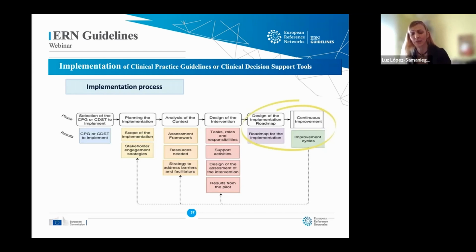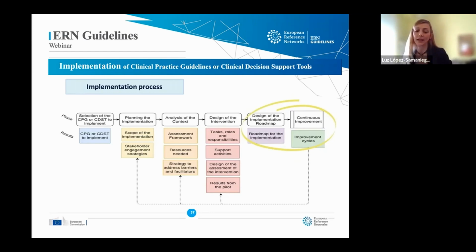The third result shall be the strategy to address barriers and facilitators. That is the identification of factors that could be barriers or facilitators. And once identified, it is important to analyze the strategies to tackle the existing barriers and to foster facilitators.